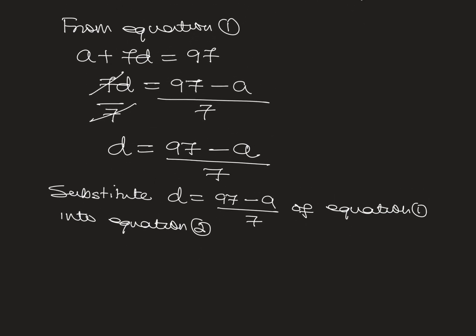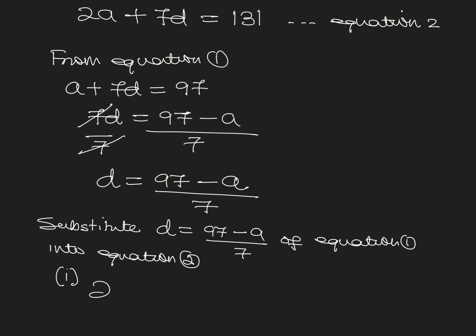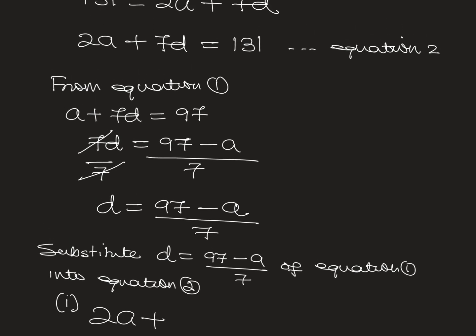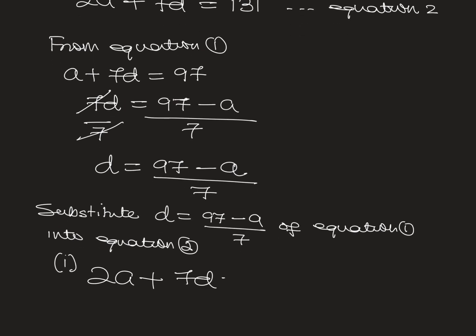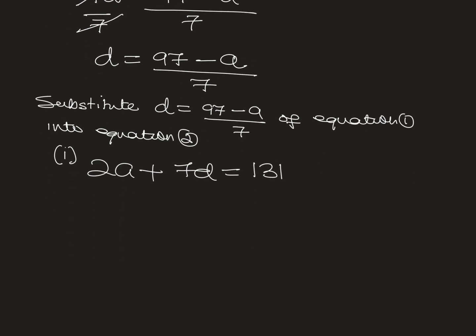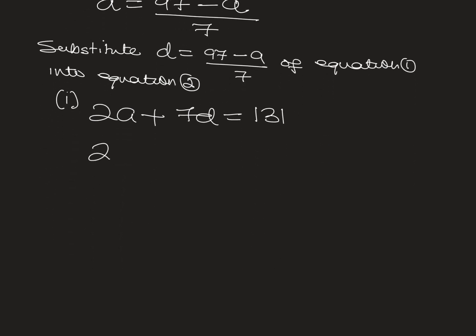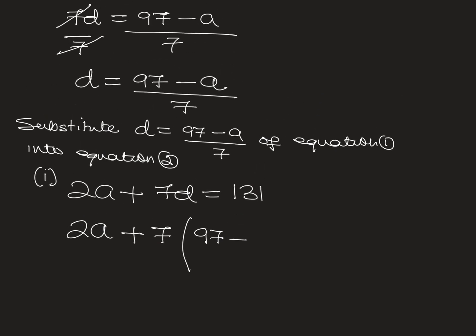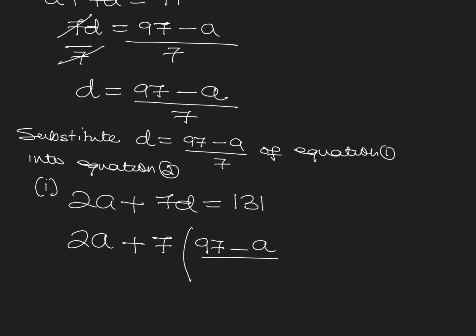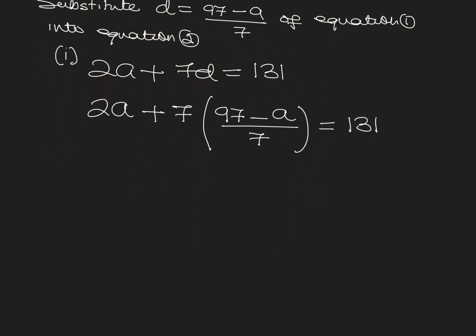Equation 2 is 2a plus 7d is equal to 131. So let's substitute that. That will be 2a plus 7 into what is d, 97 minus a all over 7, equal to 131. As you can see, the 7 here can cancel this 7.